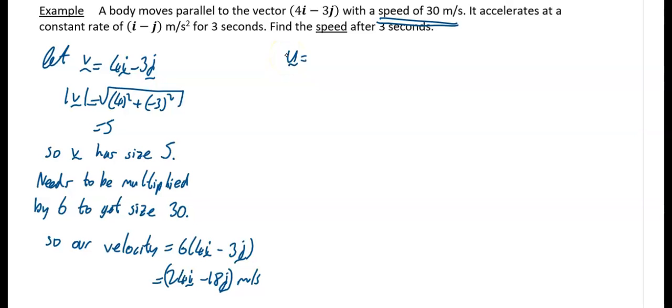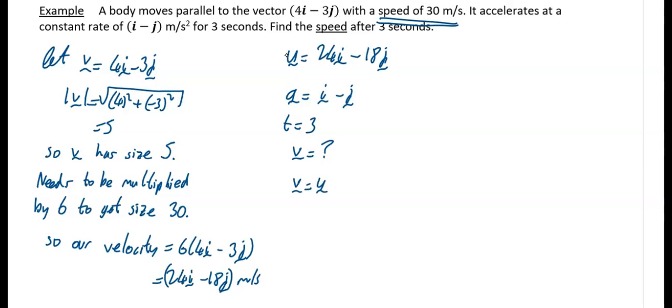Okay folks, so all we have found here is that we have got u is equal to 24i minus 18j. That's all we've got so far. We also know it accelerates at a constant rate of i minus j, and it does this for 3 seconds. So then what we want to find is a final velocity, and then we can find the final speed. So your v is equal to u plus at.